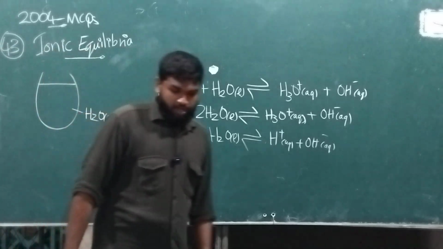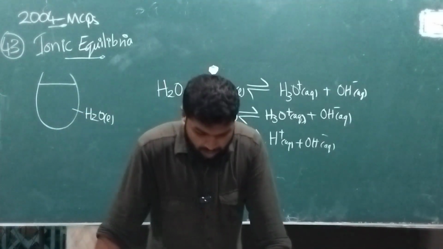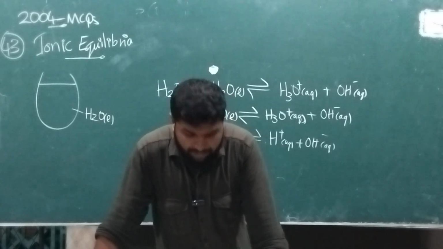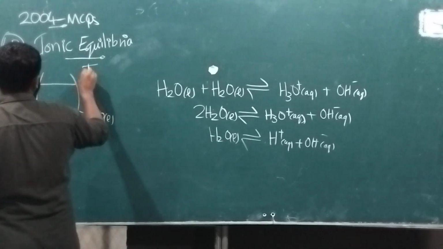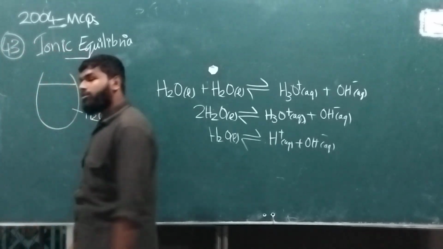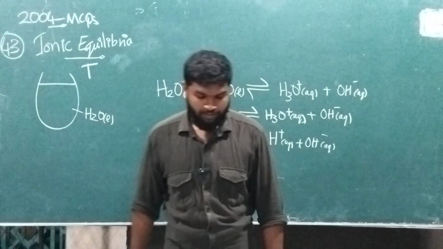Okay. Now let's see. It is present at a temperature T. We don't know what the temperature is. It can be room temperature, above room temperature or below room temperature. Doesn't matter.